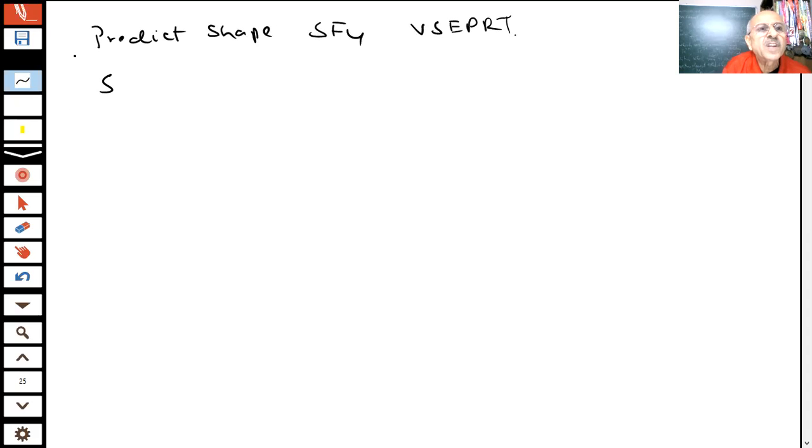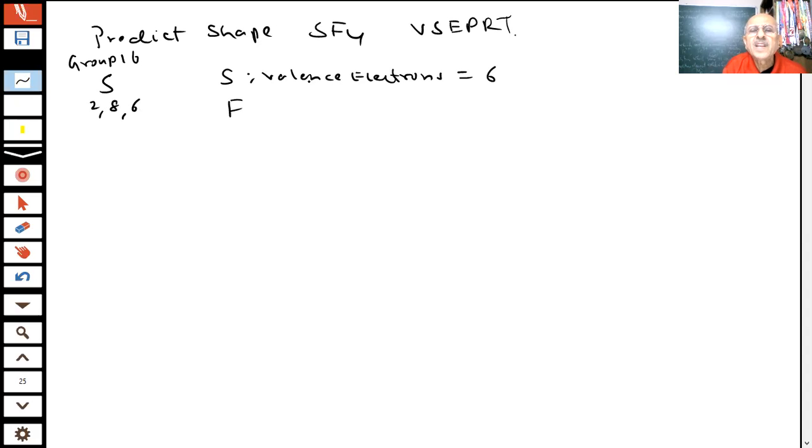This is group 16 of the periodic table. Sulfur has how many valence electrons? 6. Fluorine will share how many? One electron. Each fluorine shares only one electron because fluorine is in group 17, so it needs only one electron.